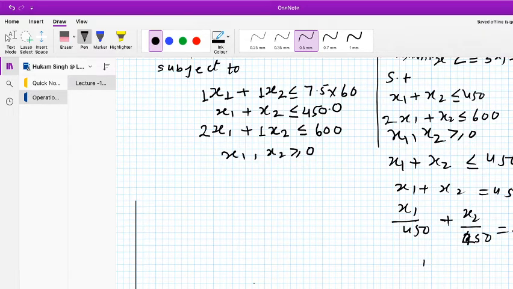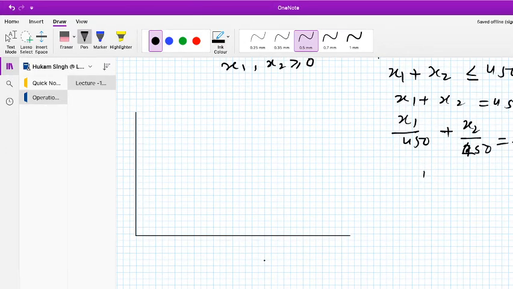It means the length of the intercept on the x-axis is 450 and the length of the intercept on the y-axis is 450 again.